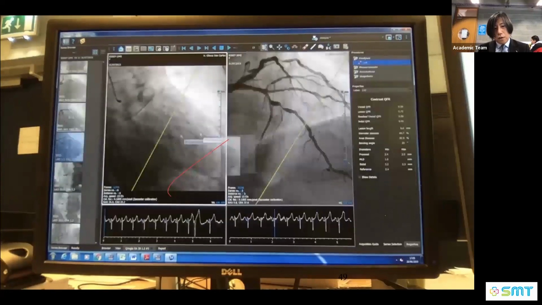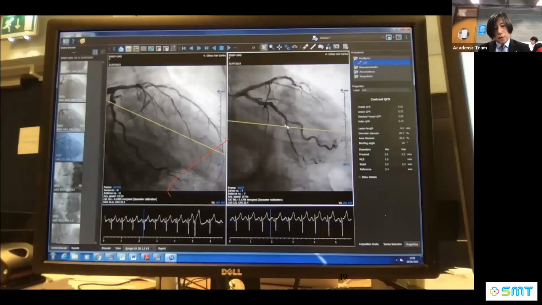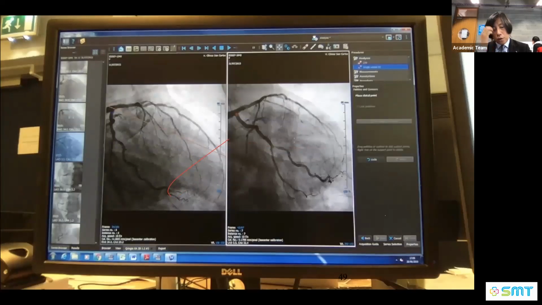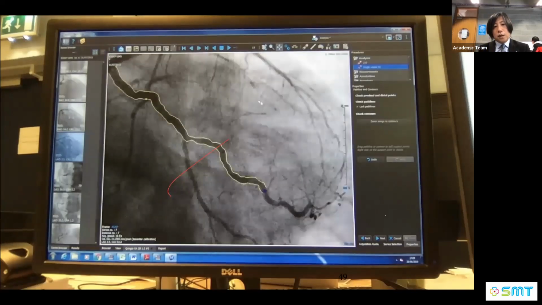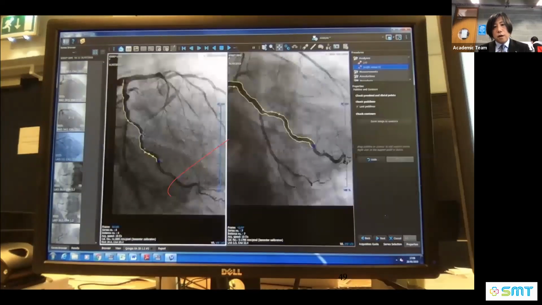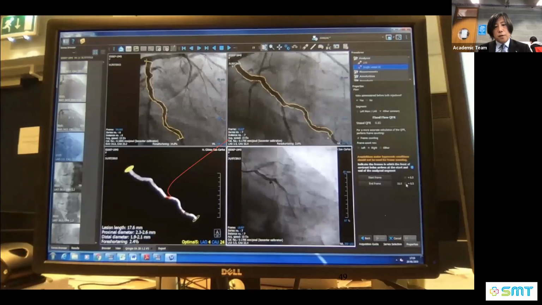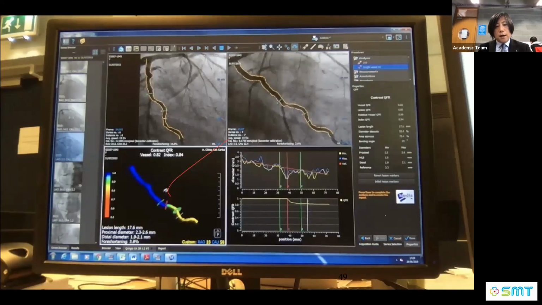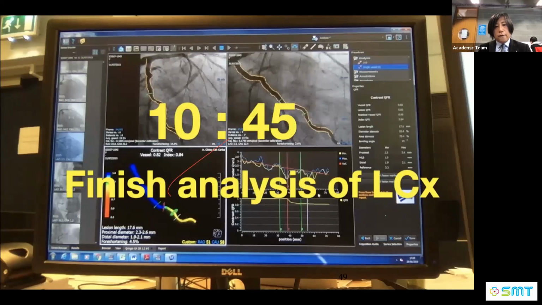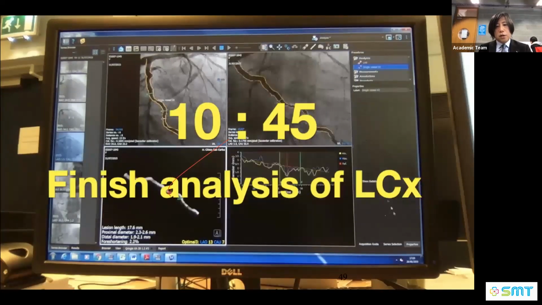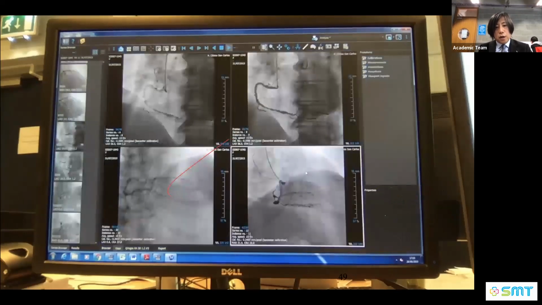We went on to the circumflex, and it's the same process. You do the two projections for the analysis. Sometimes you have to correct the edge detection of the software, and then you do the frame count, and then the QFR. In this case the circumflex took 10 minutes and 45 seconds because we needed to adjust some of the edge detection.